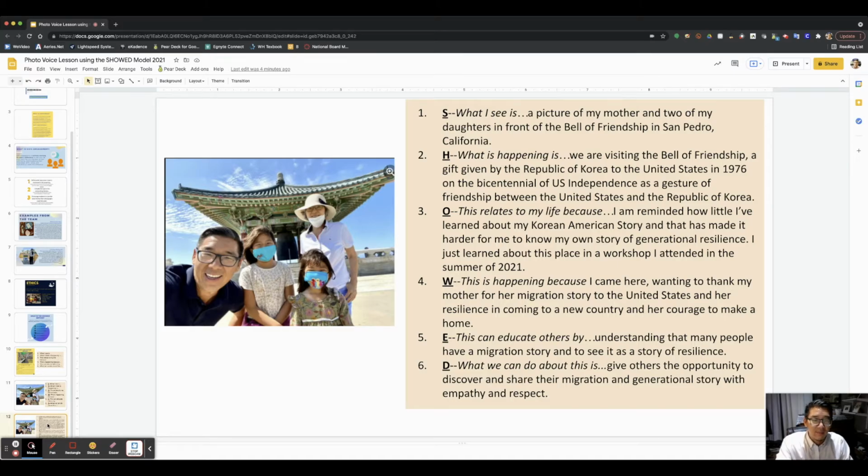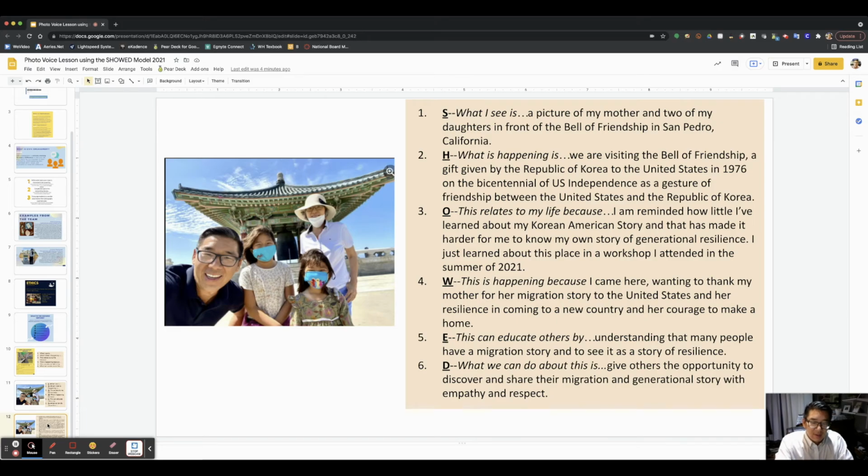This relates to my life because I'm reminded how little I've learned about my Korean American story, and that has made it harder for me to know my own story of generational resilience. I just learned about this place in a workshop I attended in the summer of 2021. W. This happened because I came here wanting to thank my mother for her migration story to the United States and her resilience in coming to the new country and her courage to make a home.